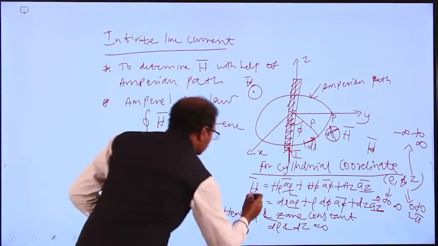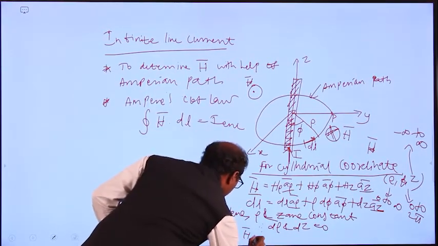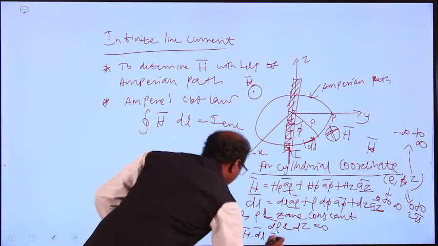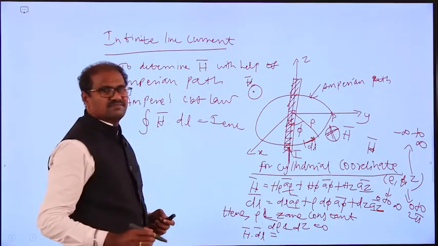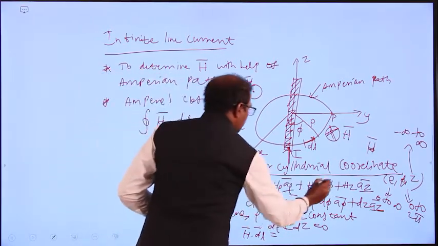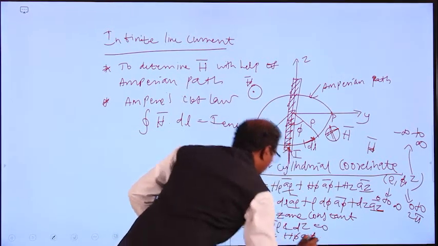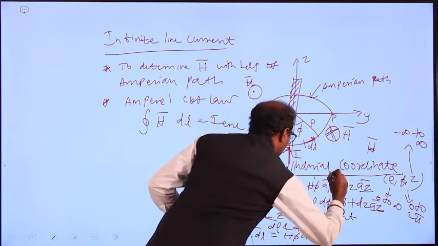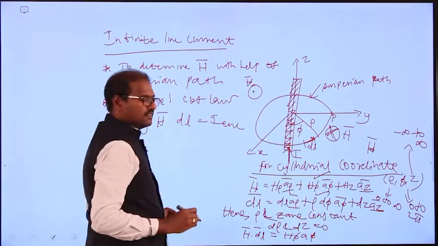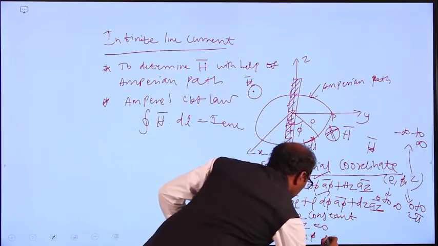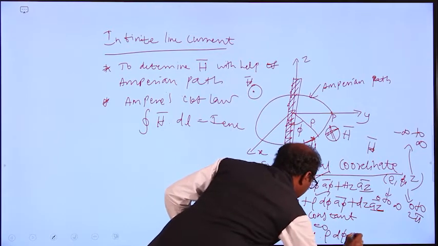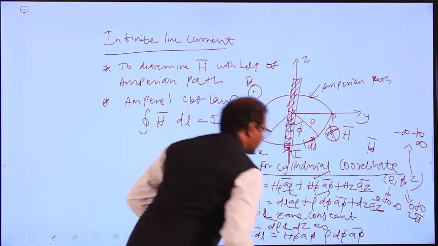So finally we get H dot dl vector. We can write H phi a phi dot, only this term is available, rho d phi a phi vector.